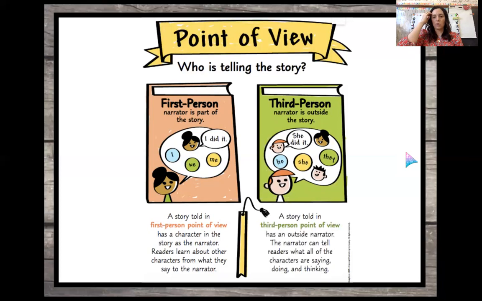And stories told in the third person, the narrator is not a character in the text, and the narrator can't tell what all of the characters are saying, doing, and thinking. So it's different. In the first person, you know specifically what the narrator is thinking and feeling. The third person is telling you the story about these other people, so you might not get their full thoughts and feelings.